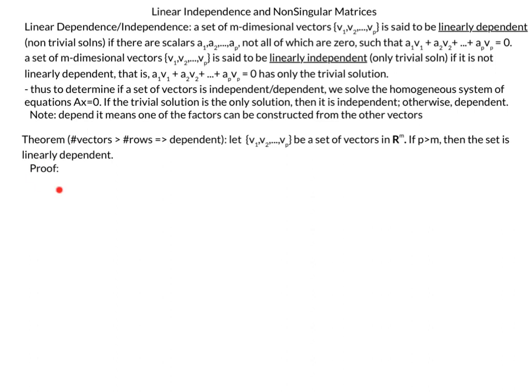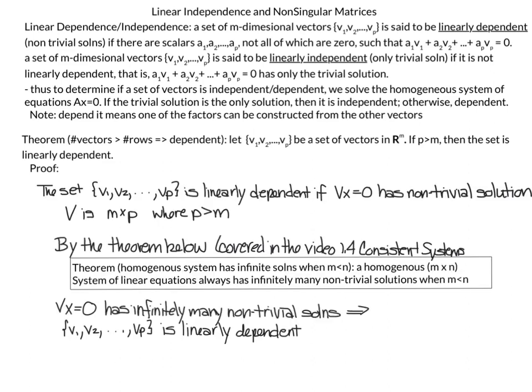Our proof is going to follow almost exactly what we did in our previous example. We say the set v1 through vp is linearly dependent if Vx = 0, where V is the matrix of these vectors, has a non-trivial solution. We note that V is an m by p matrix, where p is greater than m.